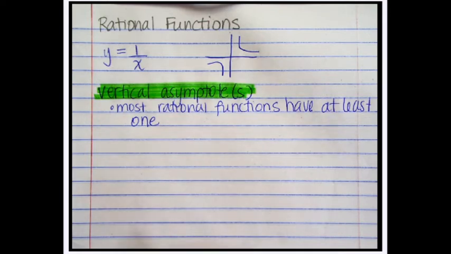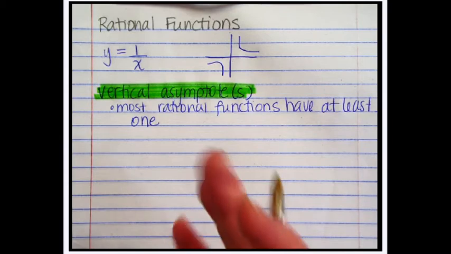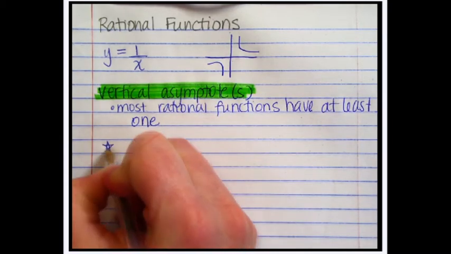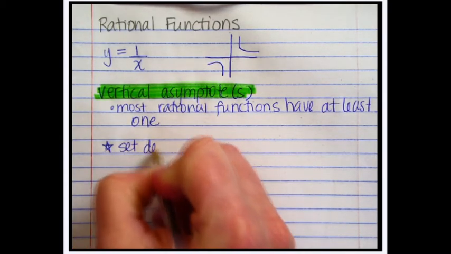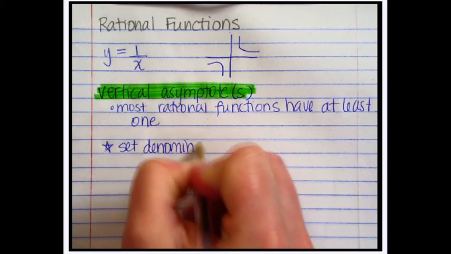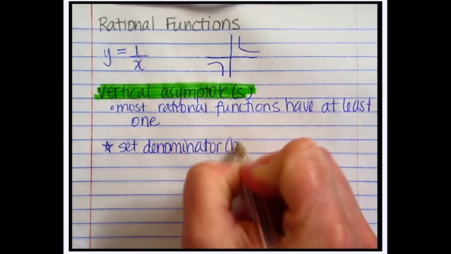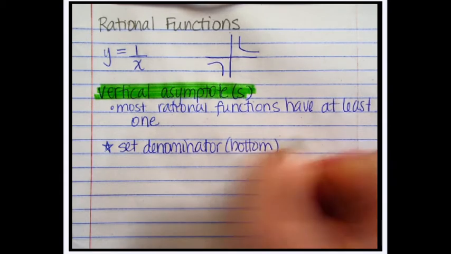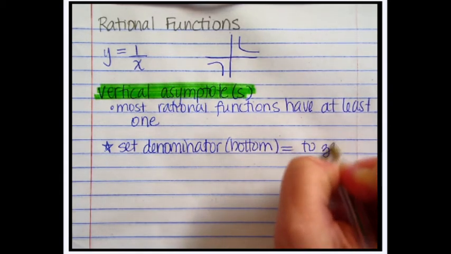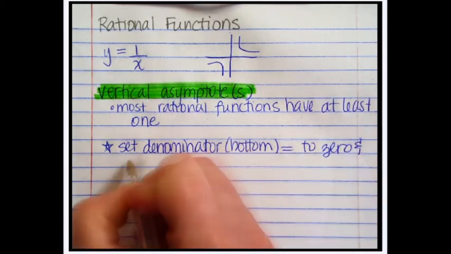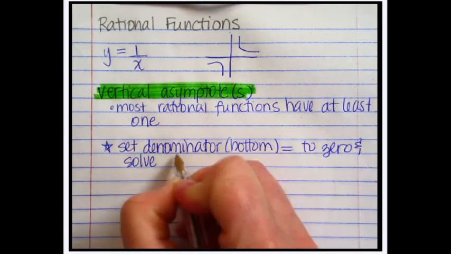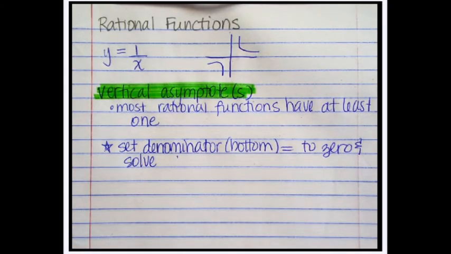Okay. Now, how do we find this vertical asymptote or asymptotes? Okay, and what you do is you set the denominator, okay, which is the bottom, equal to 0, and you solve. Now, when we do that, we're actually solving for what makes the bottom 0.